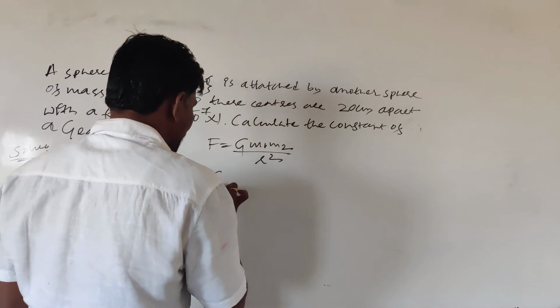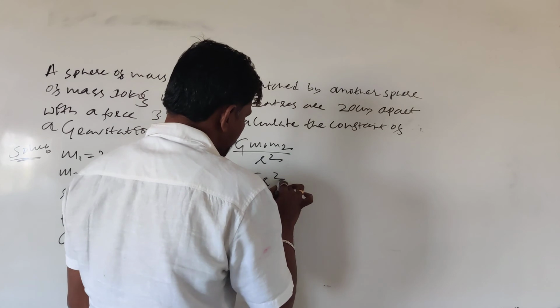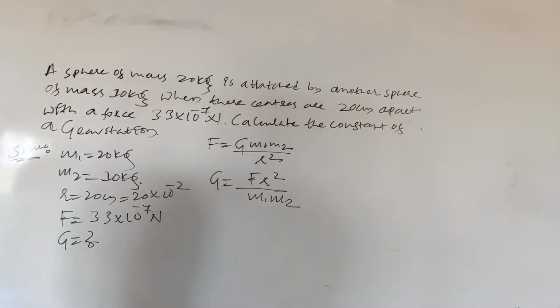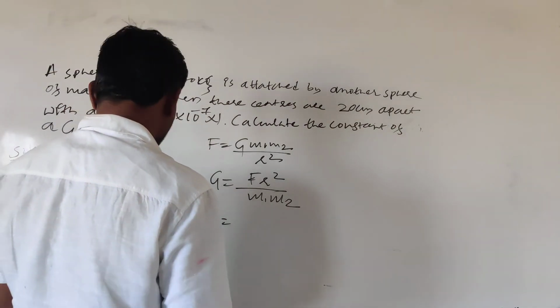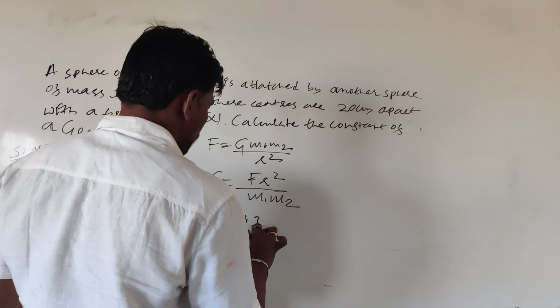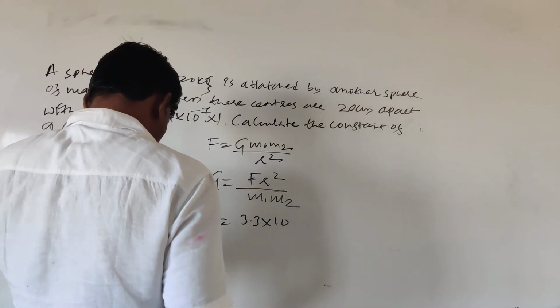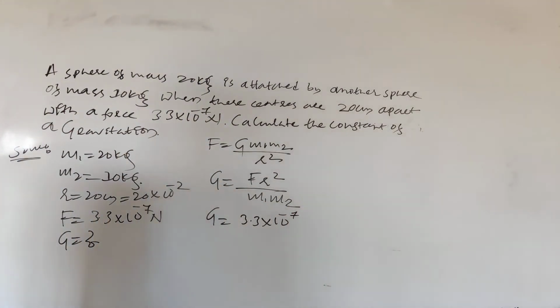So now I am going to take G is equal to F r square divided by m1 m2. Once again, G is equal to the force given here, 3.3 into 10 raised to minus 7.